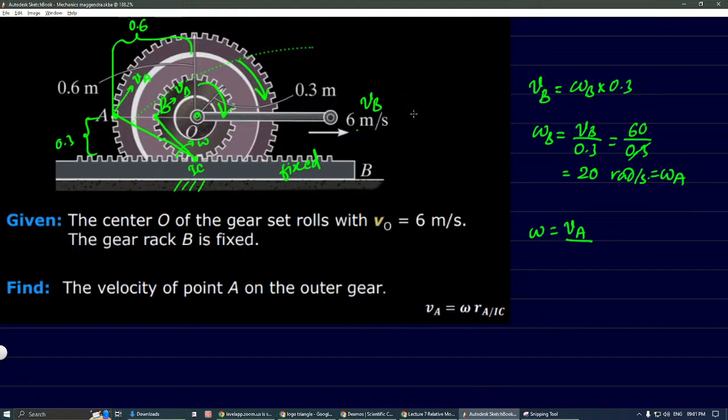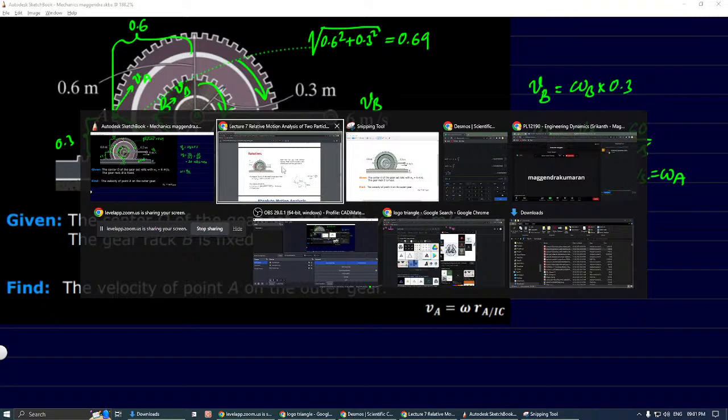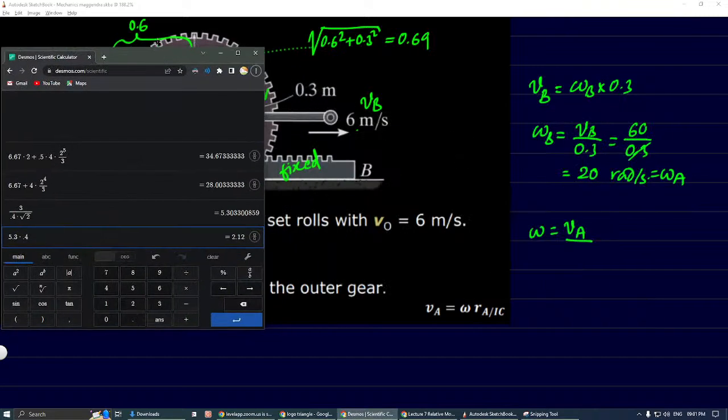You can use the Pythagoras relation: square root of 0.6 square plus 0.3 square. Do we get 0.679?